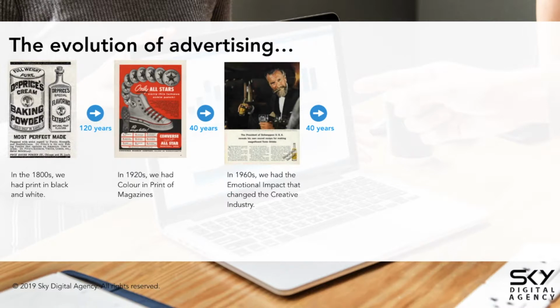And this actually changed the creative industry. Every big brand was trying to take the best photograph to portray the marketing message that they have for their brand.